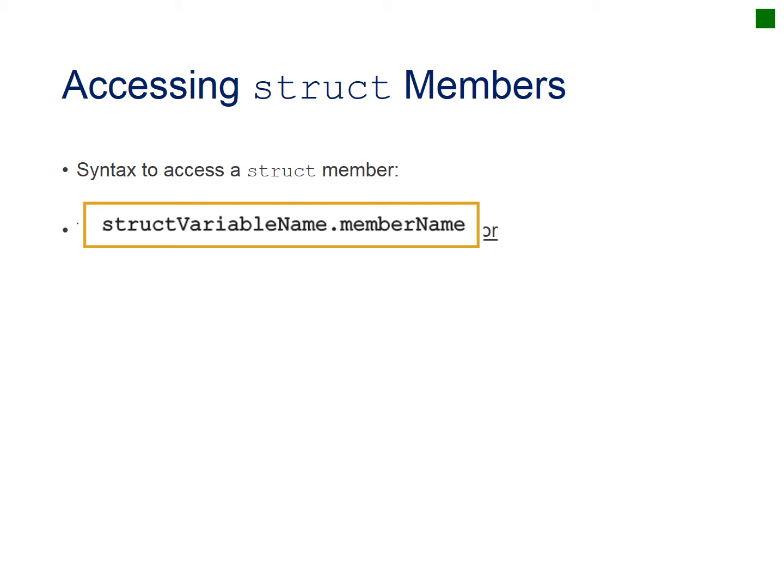Accessing struct members. We use the following syntax to access a struct member. The struct variable name dot member name, where the dot is called the member access operator.